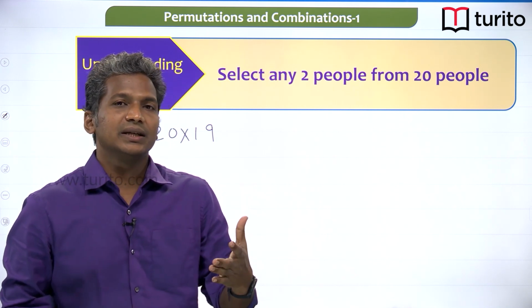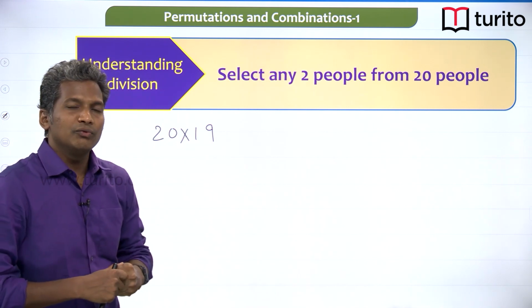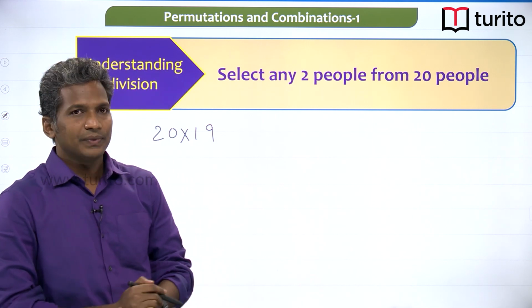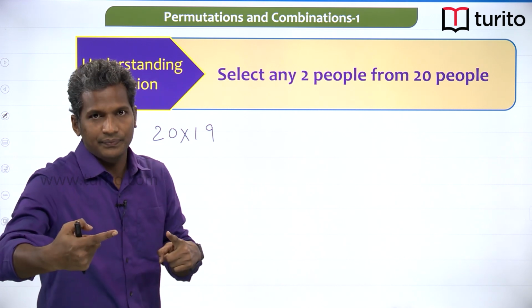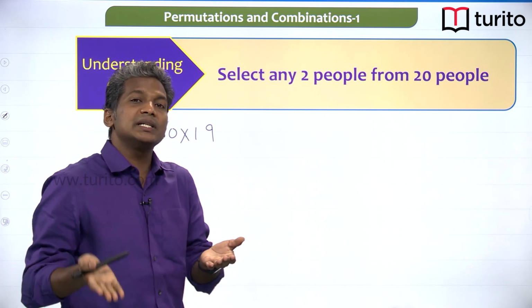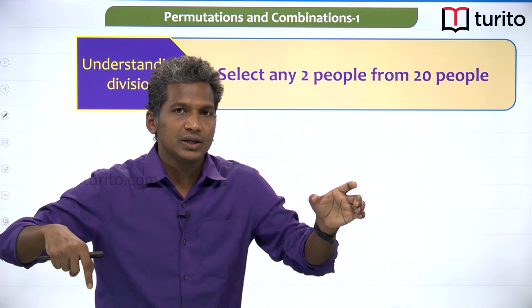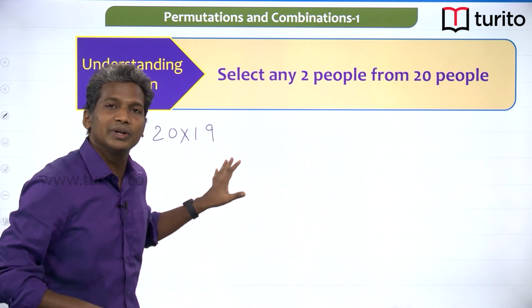So, that means when we perform this 20 into 19, we are also counting the arrangements between A and B. This is going to include AB and also BA. If the first person is A, the second can be B. If the first person is B, the second can be A. So, these two different ways are counted here. So, there is over counting here.